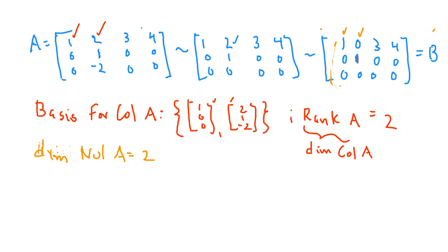Because by the rank theorem, the dimension of the column space and the dimension of the null space has to equal the number of columns in the matrix A. And since this is a 3 by 4 matrix A, 2 plus 2 equals 4. So we didn't find the basis for the null space of A, but we know the basis will consist of 2 vectors that are in R4. Are there any questions so far?